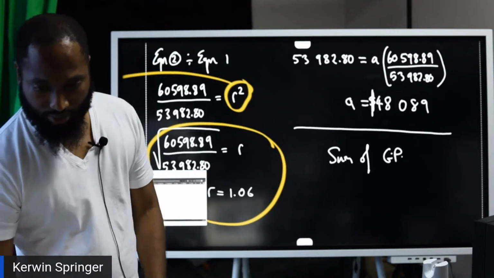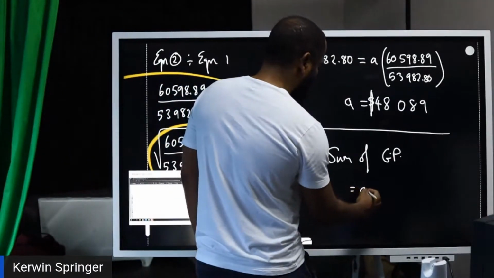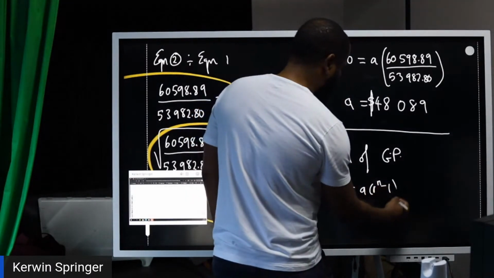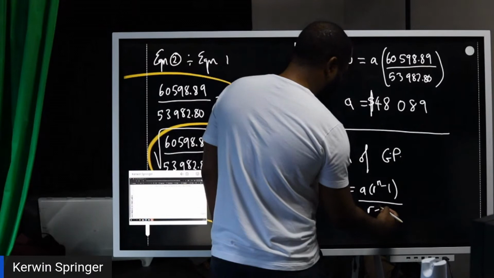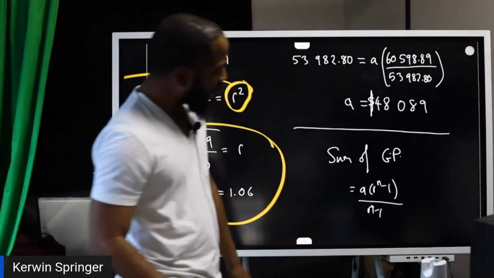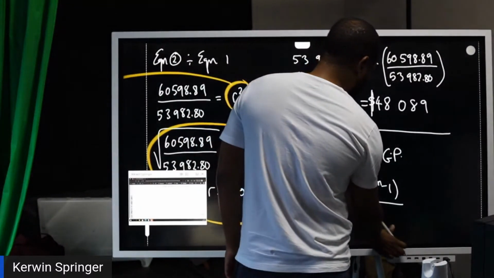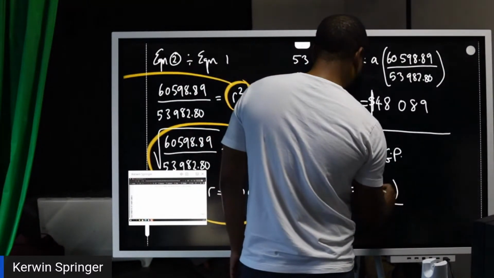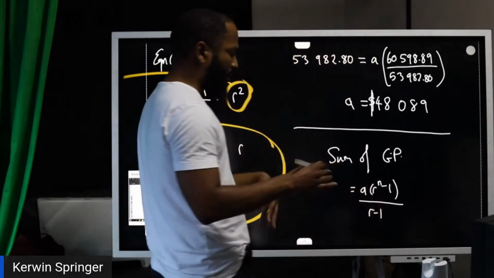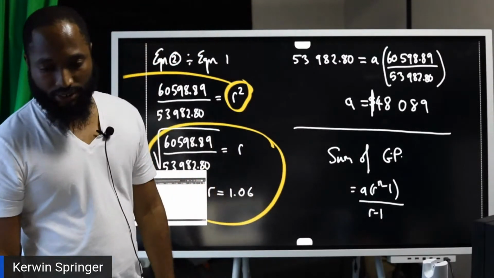A times R to the power of n minus 1 over R minus 1. So work it out and tell me how it is.